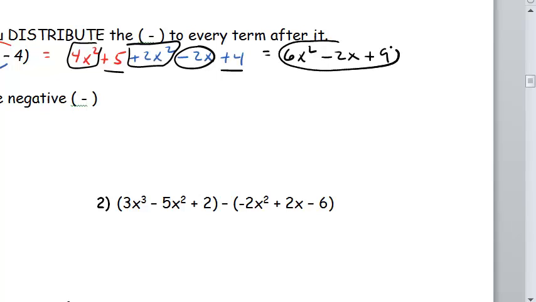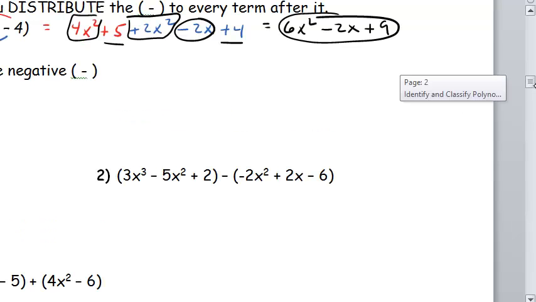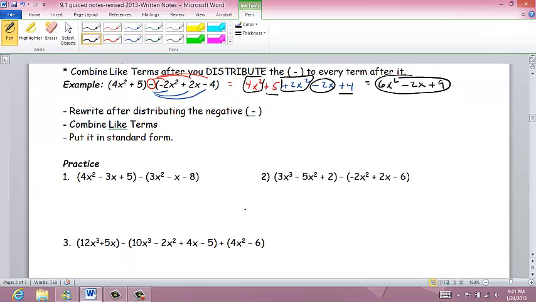And that is how we subtract polynomials. Remember, distribute the negative and then combine like terms. Anytime you do add or subtract polynomials, it's very important to remember to write your final answer in standard form. So, take a minute to try the next 3 examples on your own.